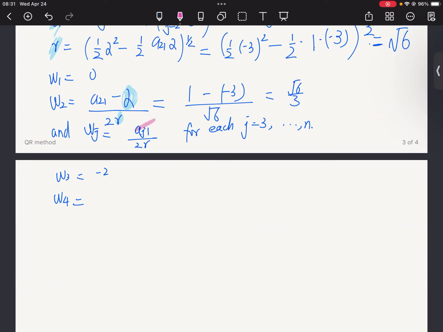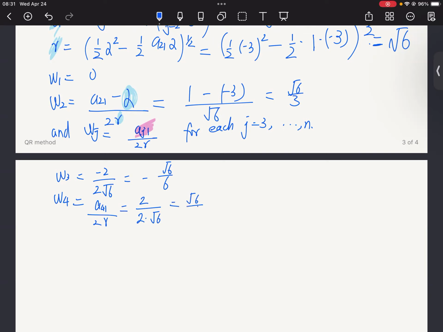So this one is A31 divided by 2R, and 2R is just 2 square root of 6. And I got the number, it should be negative 6 square root of 6. And what's W4? W4 is just A41 divided by 2R. The A41 here is just 2, divided by 2 square root of 6.